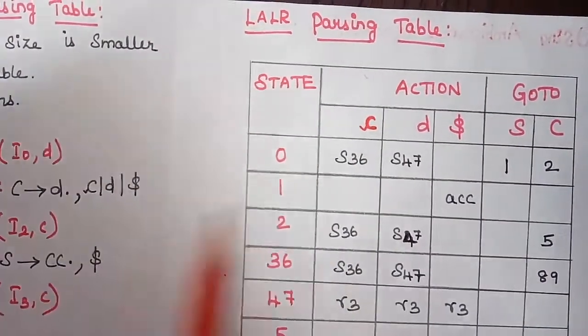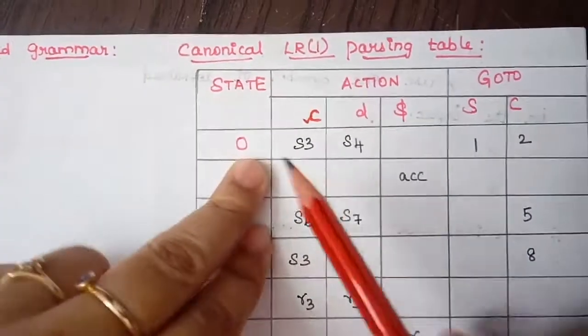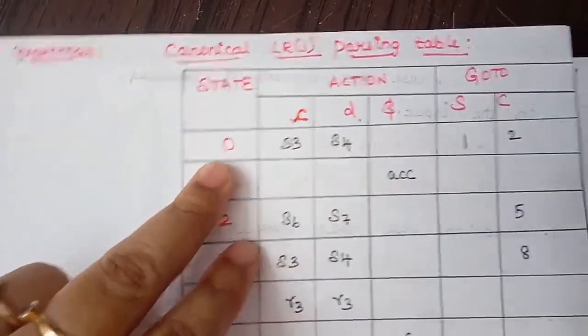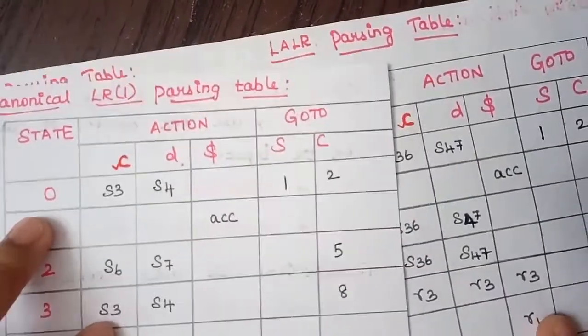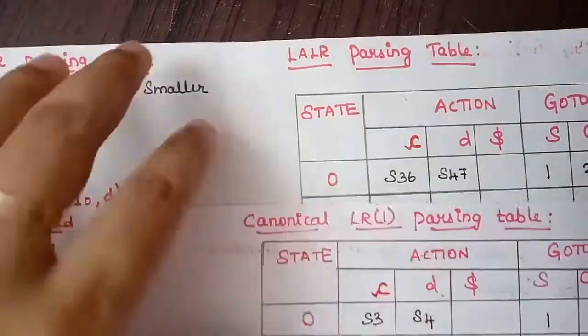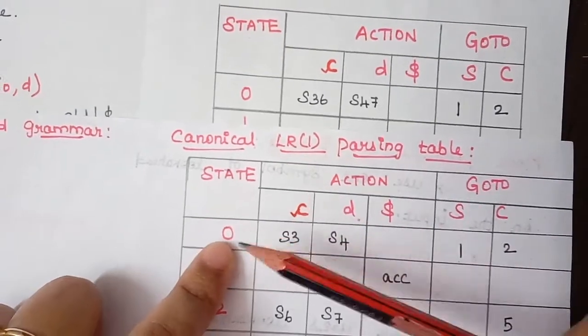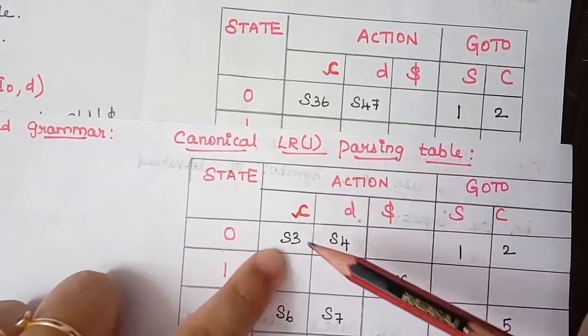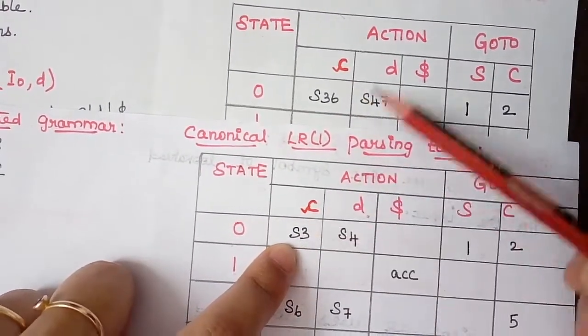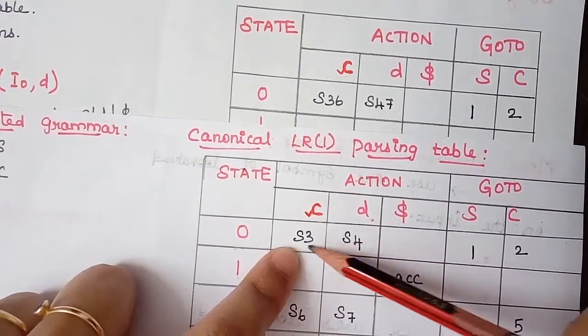By taking this canonical LR parsing table we can combine the states. First, in the 0th state there are no changes, so we didn't combine any state in 0. We take the same items here: for C and D we do shift, S3 and S4.